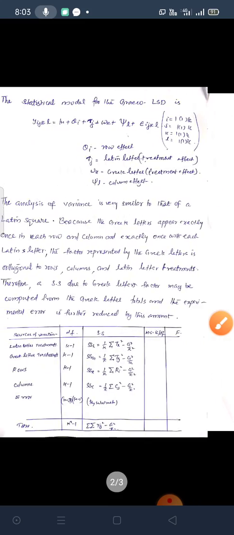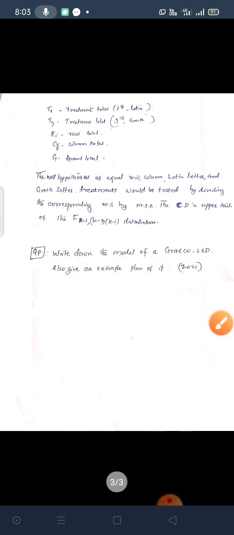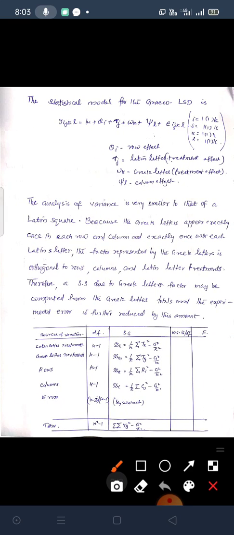Okay, so you can find the F by dividing the sums of squares by the corresponding degrees of freedom to get mean squares. You can stop at this point, and compare the mean square of the treatments with the mean square error. So you will get F, to compare treatments.